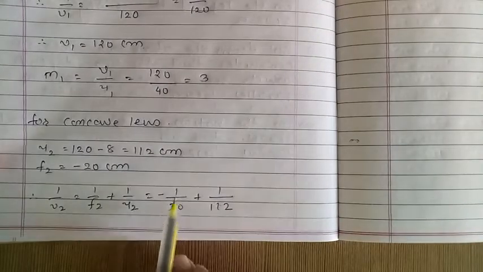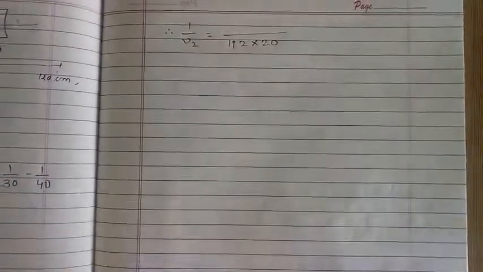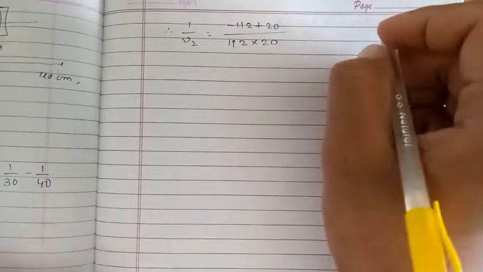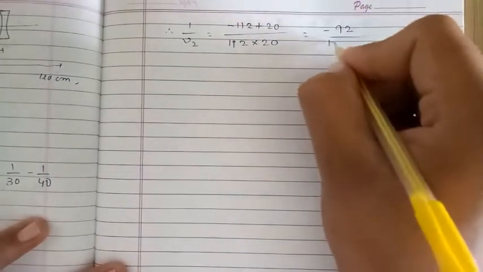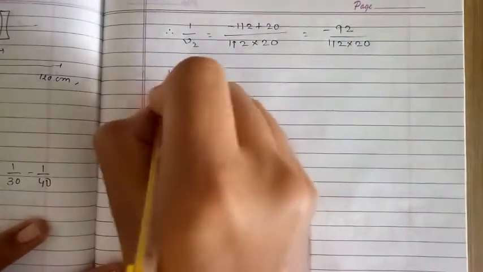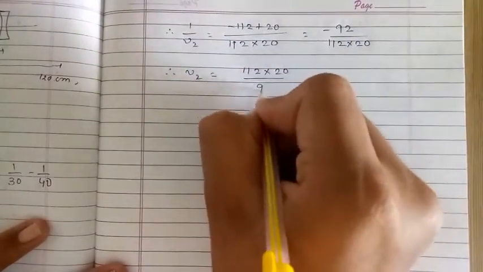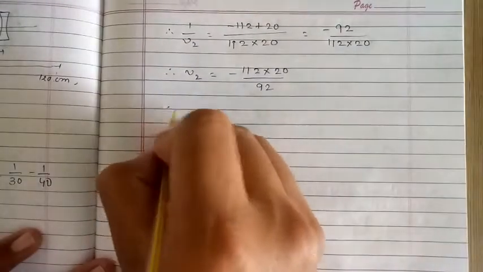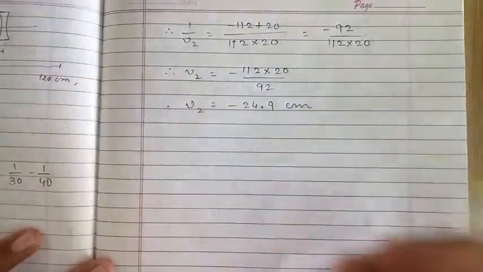So here 112 plus 20, but here minus, so minus 112 plus 20, right? So we get minus 92 upon 112 into 20. So v2 is equal to 112 into 20 upon minus 92, right? So we get v2 is equal to minus 24.9 centimeter.